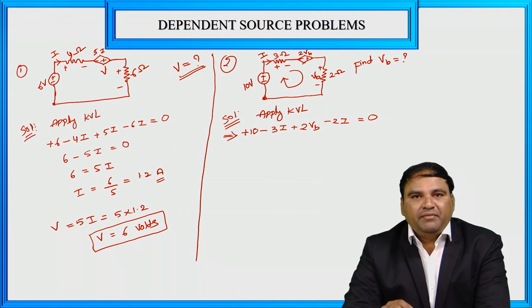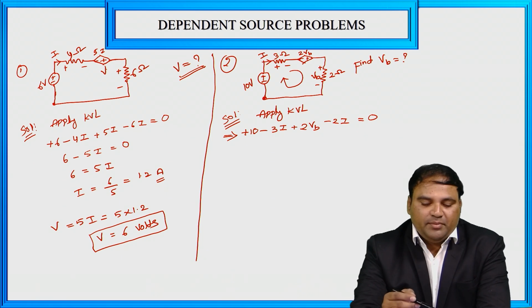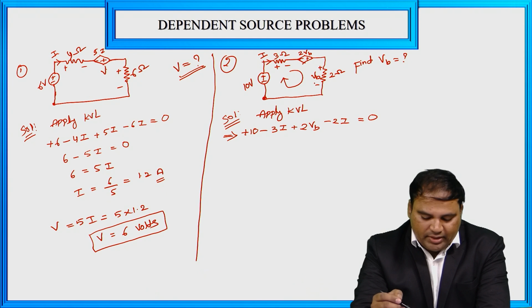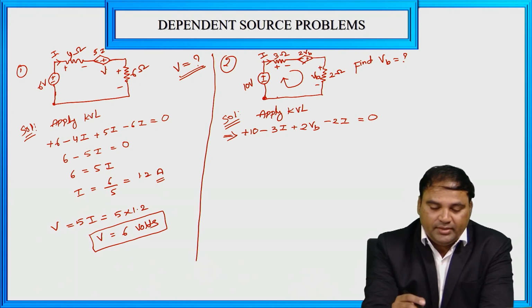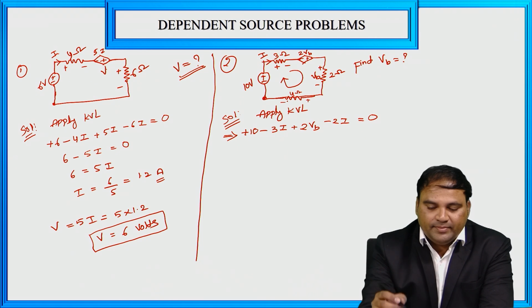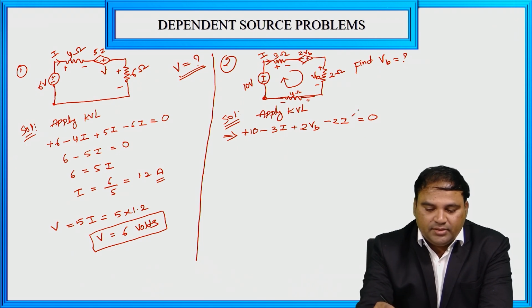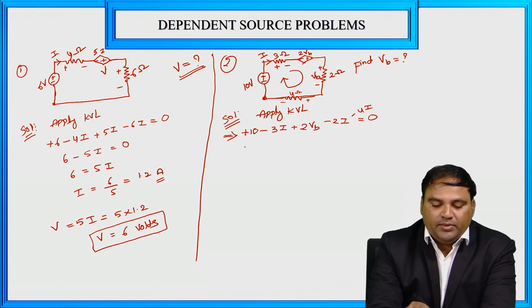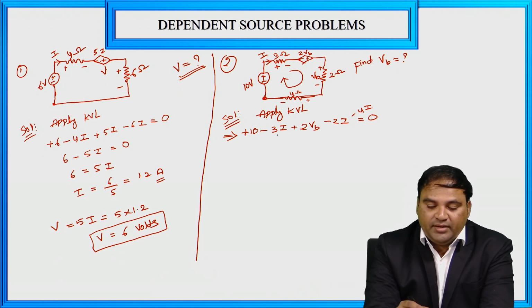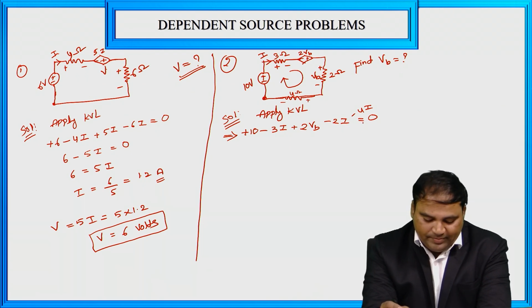I am just applying KVL in this given loop, that is plus 10 minus 3I plus 2VB minus 2I. And here we will take one more element, 4 ohm, plus minus, so minus 4I equal to 0. So plus 10 minus 3I plus 2VB minus 2I minus 4I is equal to 0.